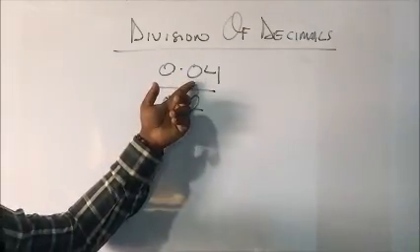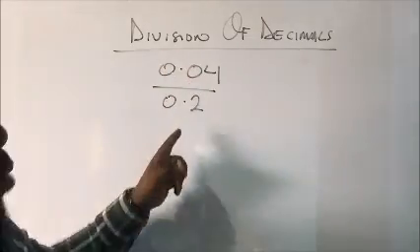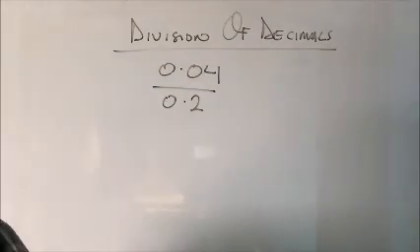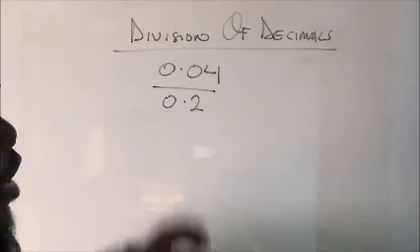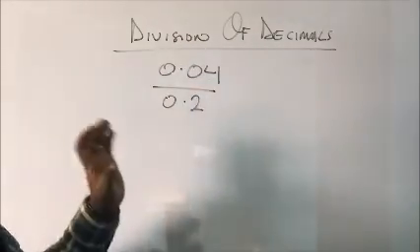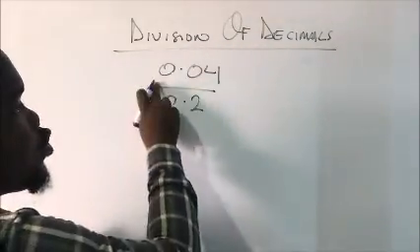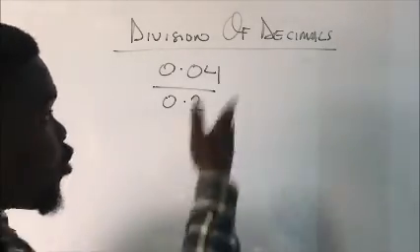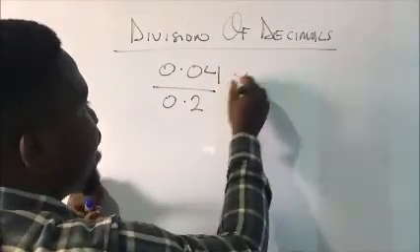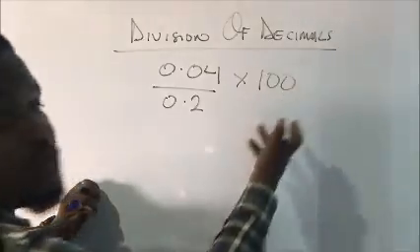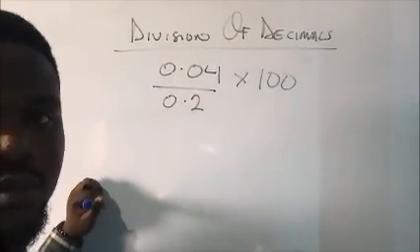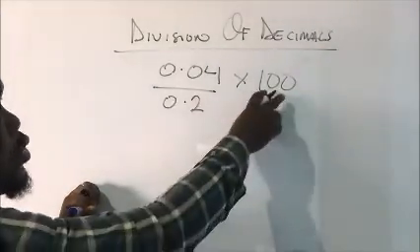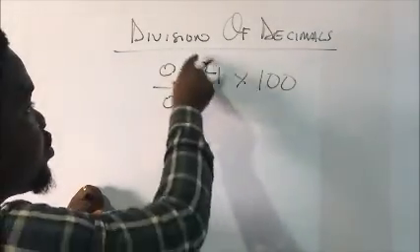That is the top. It has 2 decimal places, but this has only 1. So whatever you do to the top, you do to the down. In order to change the top to a whole number, we multiply it by a number with 2 zeros, that is 100, because it's 2 decimal places.